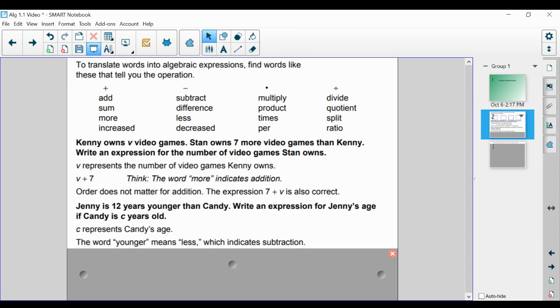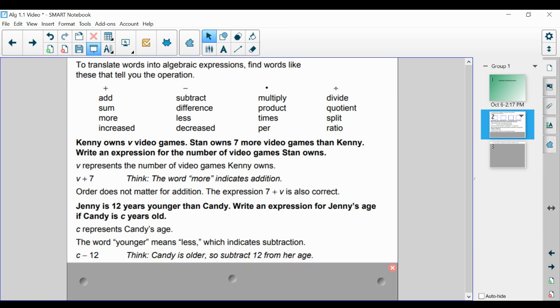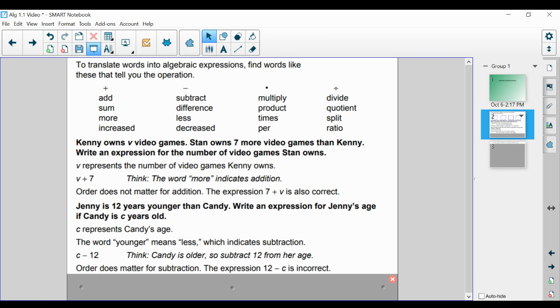And since Jenny is 12 years younger than Candy, and C is Candy's age, then that means it's going to be whatever Candy's age is, take away 12. So since Candy is older, we subtract 12 from her age. Therefore, we have C minus 12 is the only answer because order does matter for subtraction.